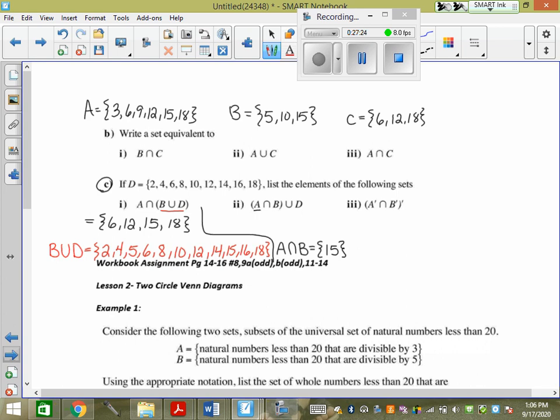Now I want what's in A and B or D. So this is my A and B set. This is my D set. So I'm going to list everything that's in both, right? Because I have what in between them? A union, or an or, right? So I'm going to get 2, 4, 6, 8, 10, 12, 14, 15, 16, 18.